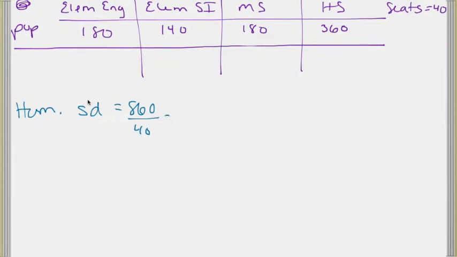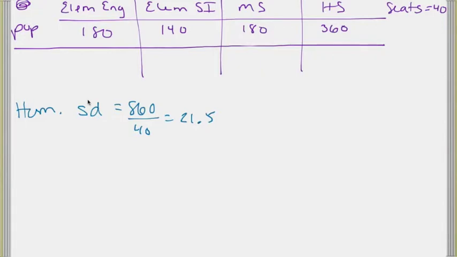Divide by how many seats we're giving on this committee, 40, and we get 21.5. What that means is that on average for the entire population, each representative should represent approximately 21.5 people. But it's going to be a little different for each level.